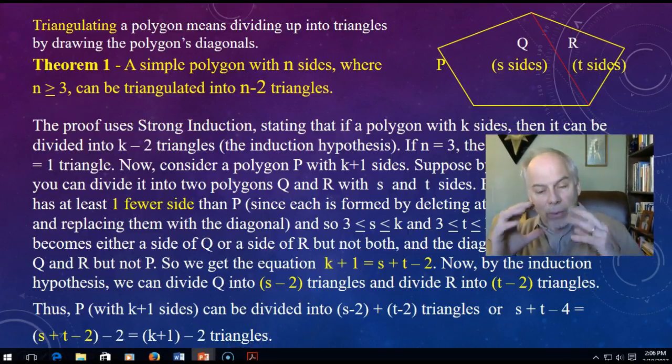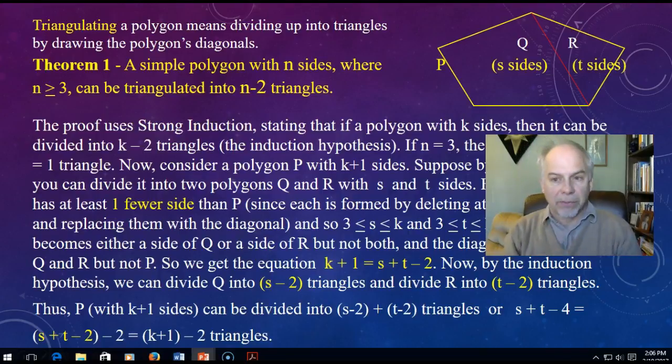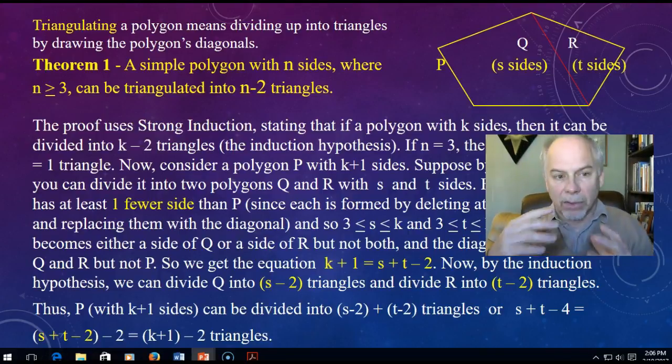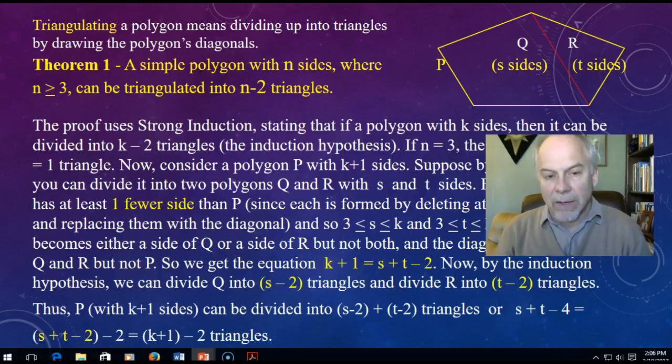Now, we're just trying to illustrate the principle of mathematical induction, strong induction. So this is a pretty tough example for you to come up with on your own, and it's even tough for me to think about on my own. So I'm not expecting you to necessarily do that, but maybe just answer questions about it or try to understand it for this purpose.